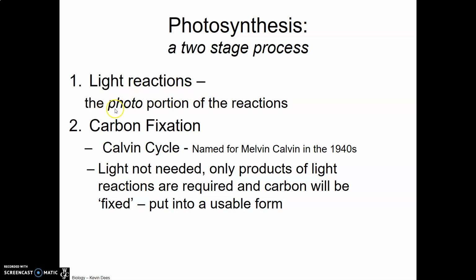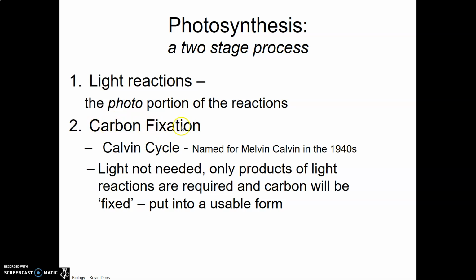The second part of our photosynthetic process is called the carbon fixation pathway. It's here where we take the carbon and fix it. To fix the carbon means that we're taking carbon in a non-usable form, like carbon dioxide, and rearranging it into a more usable form, like glucose.